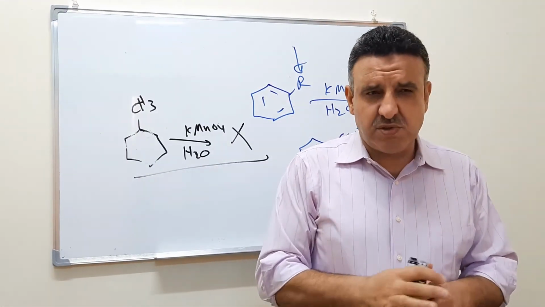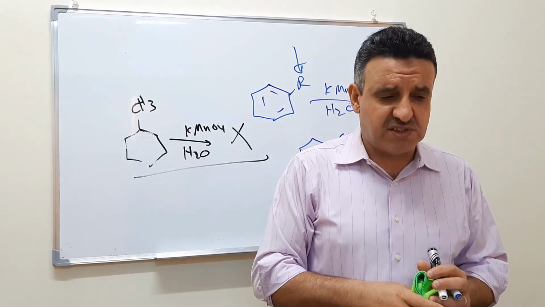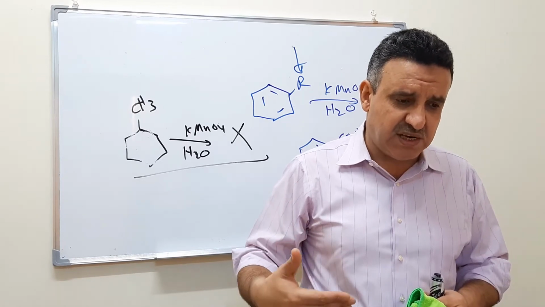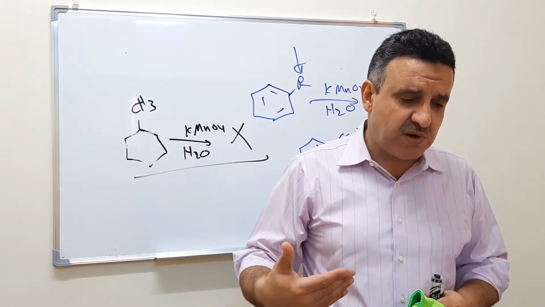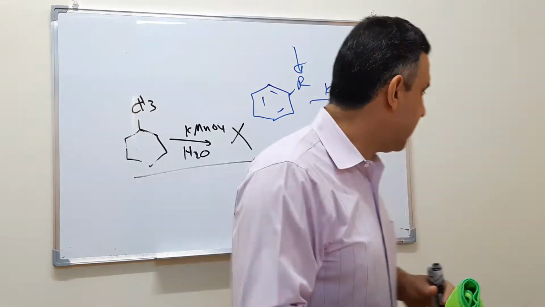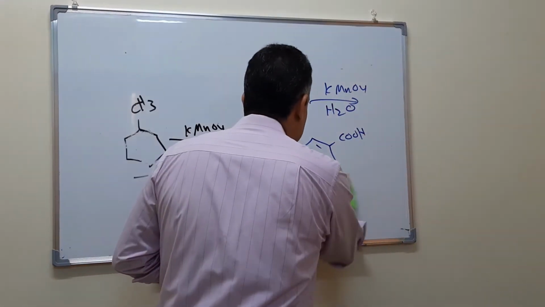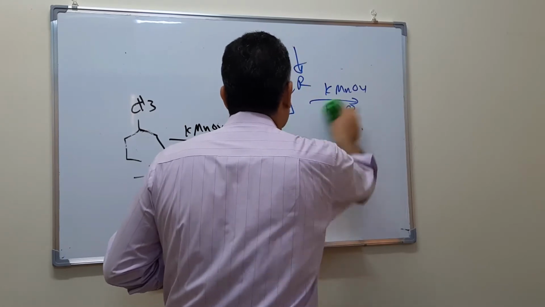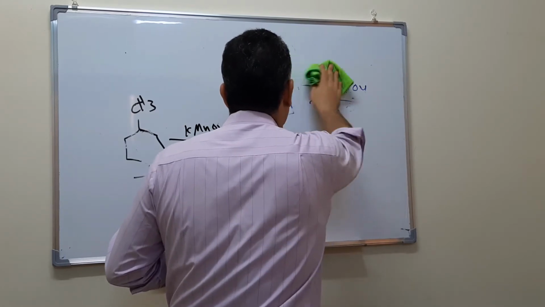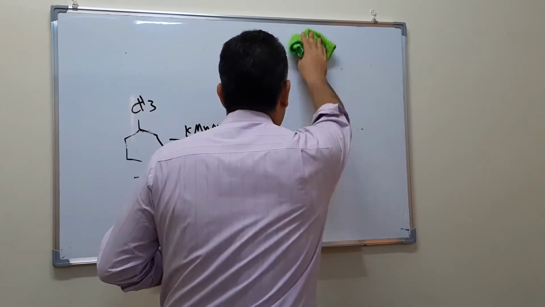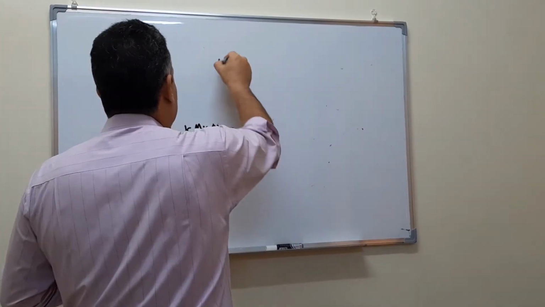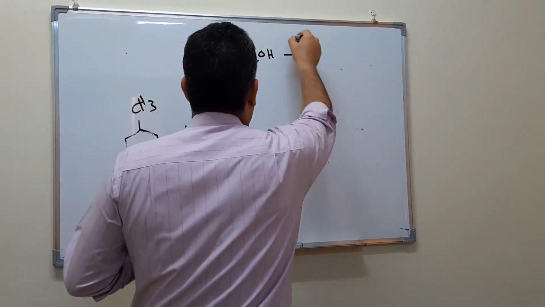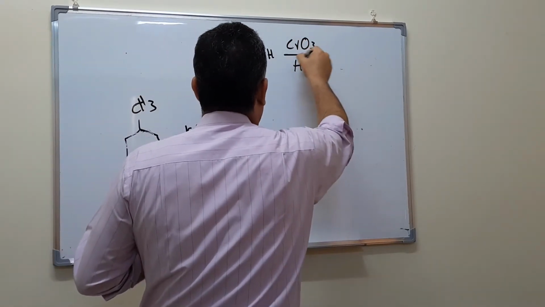The other reaction, which we also discussed in previous chapters, is oxidation. We can also prepare carboxylic acid by oxidation of two other functional groups, primary alcohol or aldehydes. Using, of course, strong oxidizing agents such as the Jones oxidizing agent, we can oxidize a primary alcohol, for example RCH2OH, in the presence of CrO3, H+.